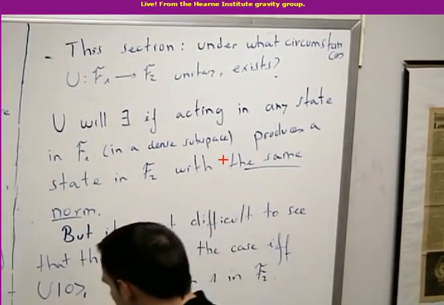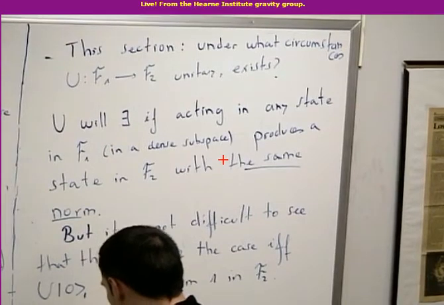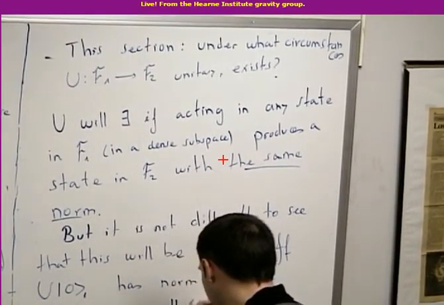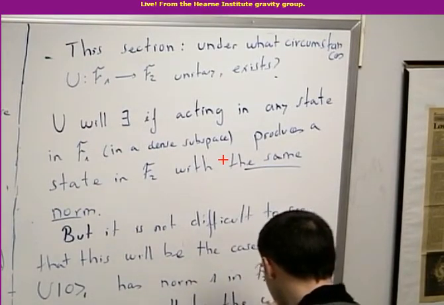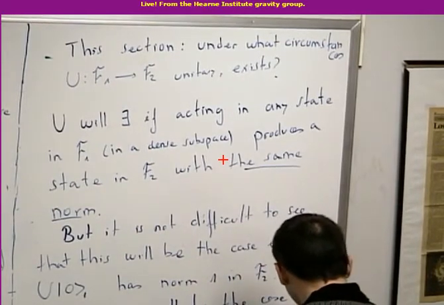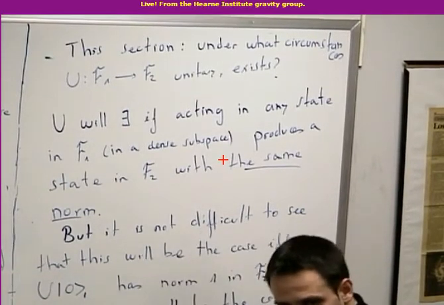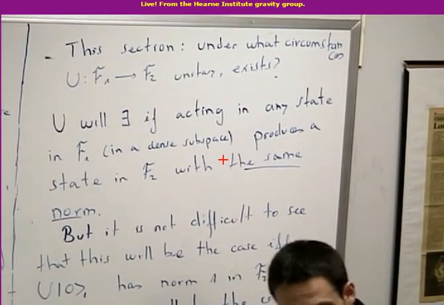So in turn, this will be the case if and only if whatever is multiplying that constant has finite norm.